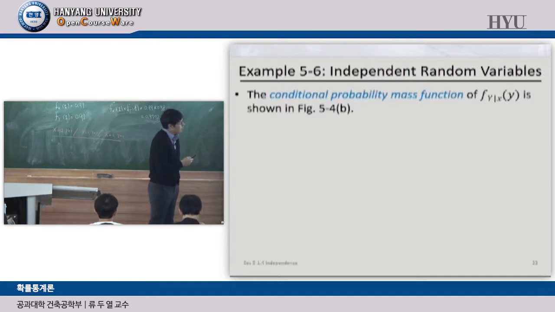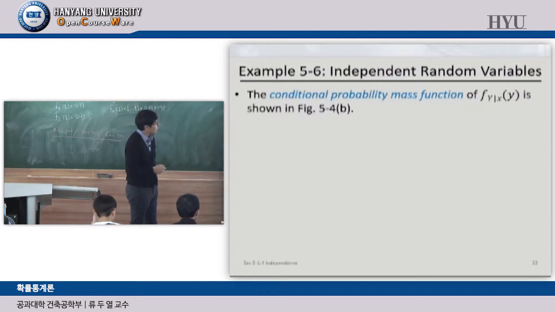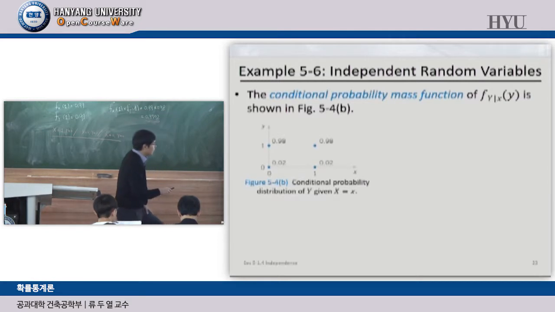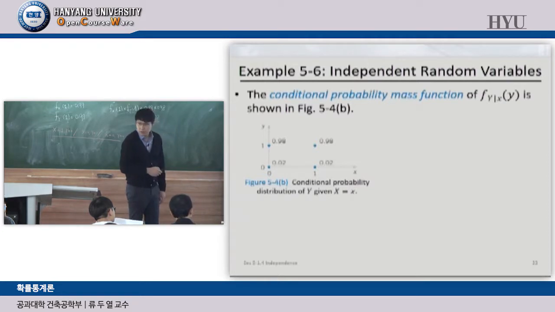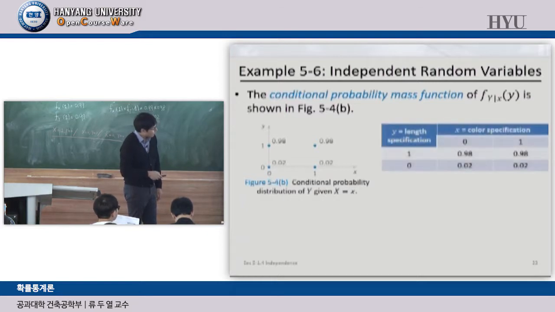And the conditional probability mass function of y given x is shown in the following figure 5-4b here. These axes indicate the discrete random variables x and y, and these dots indicate the conditional probability distribution of y given x is equal to small x. This figure is identical to this table, and these values indicate the conditional probability mass function.